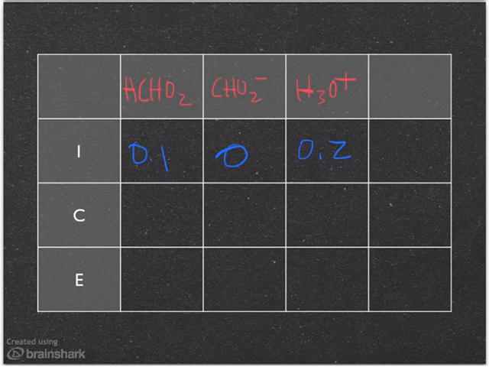Now just put in your change, so negative x, x, and x. So you have 0.1 minus x, regular x, and then 0.2 plus x, because it's your product, so you need to make it positive.